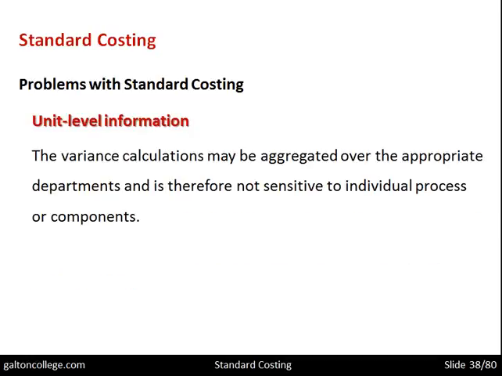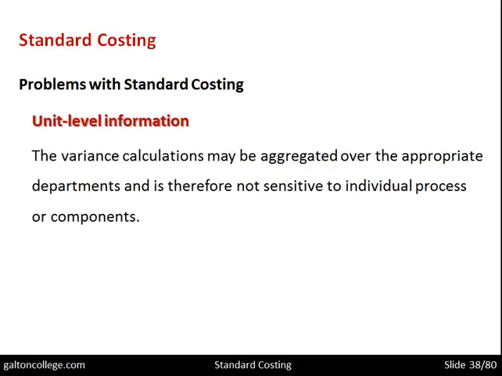Unit level information. Well, the variance calculations may be aggregated over the appropriate departments and is therefore not sensitive to individual processes or components. So sometimes, not just for convenience but for efficiency, instead of having a standard cost for every particular item, the accountant may try to work out what the standard cost of a particular process is.